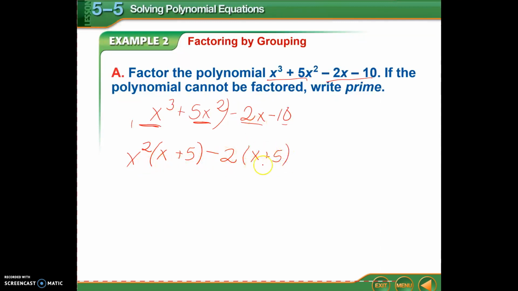Now notice I have two terms, but each term has an x plus 5. So if I factor out an x plus 5, I'm left with x squared minus 2. Now I'm checking to make sure I can't factor any more. There are two terms, so I'm looking for a difference of squares or a difference of cubes, and neither works, so that is as far as I can go on that one. We want to go as far as we can, so keep checking to see if you can go any further.